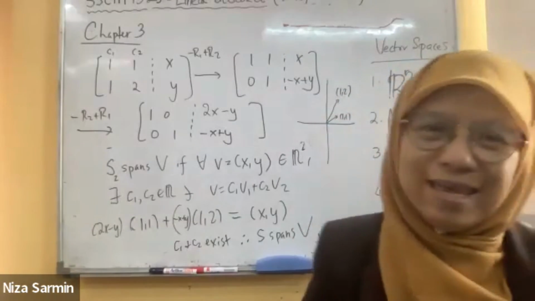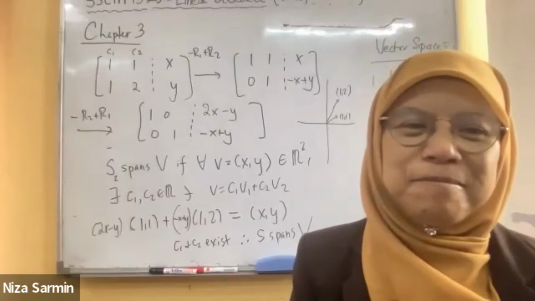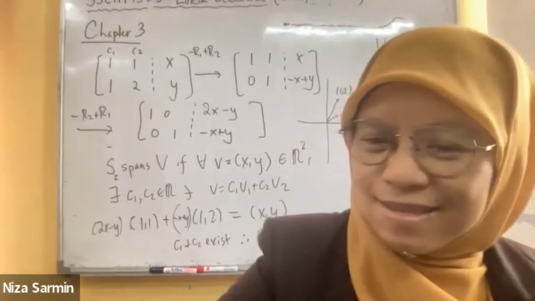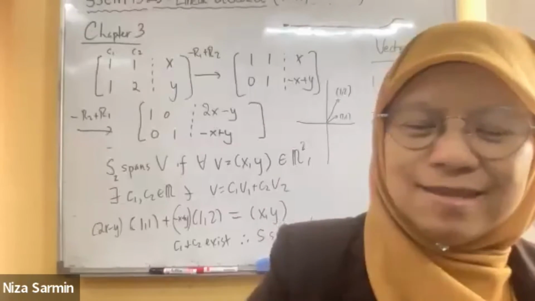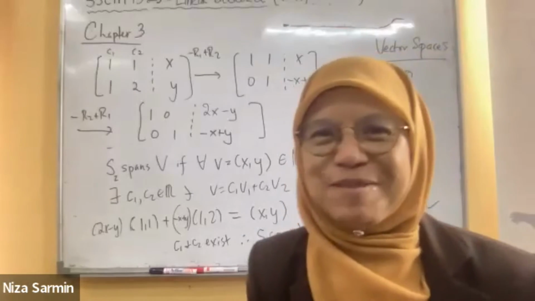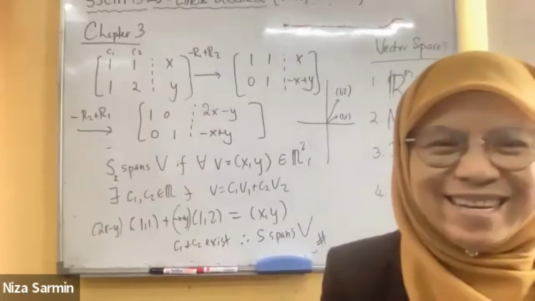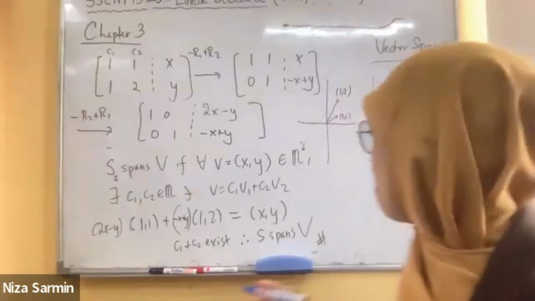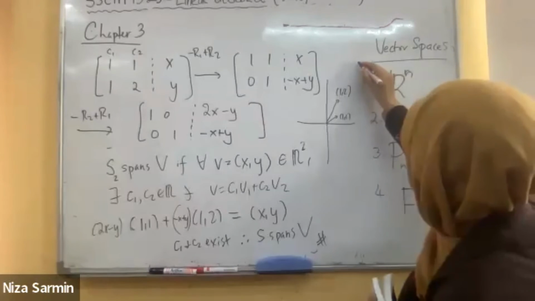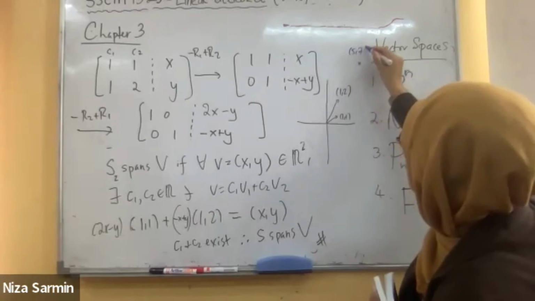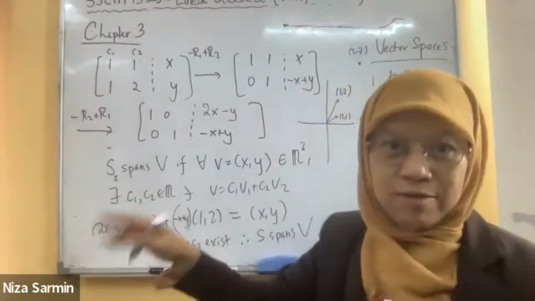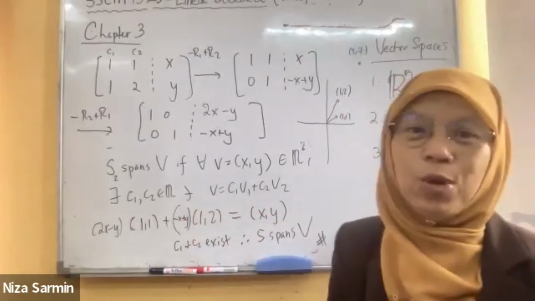Just give me any pair of numbers. Any pair, Doctor? (2,2). (2,2) is too easy because it's just a multiple of (1,1). (5,7). (5,7), okay? So I can just plug in and get (5,7) in terms of (1,1) and (1,2).